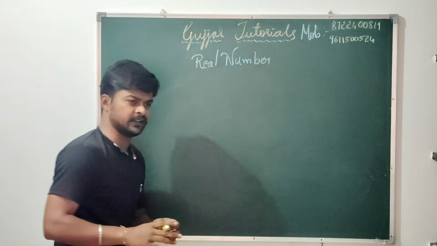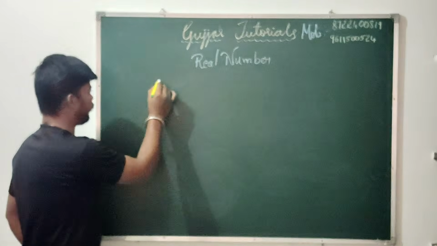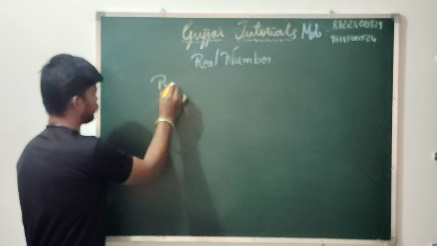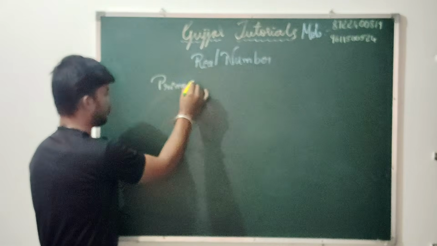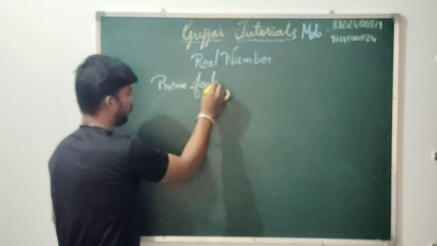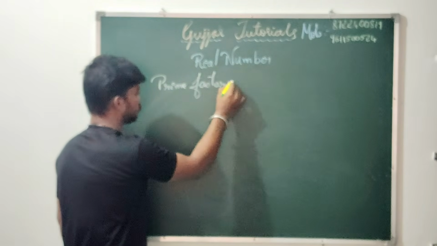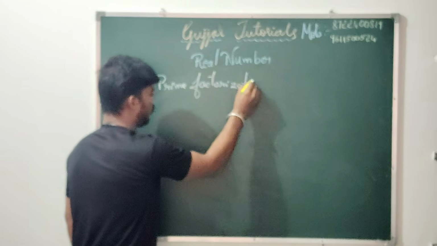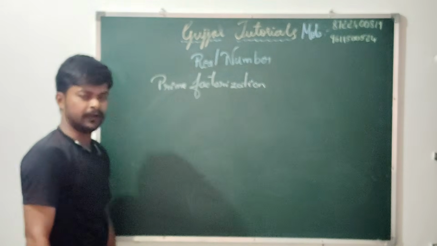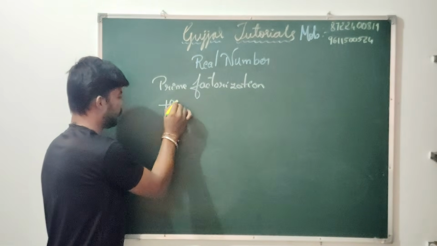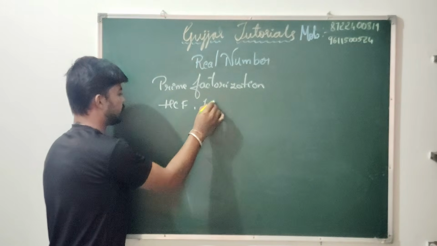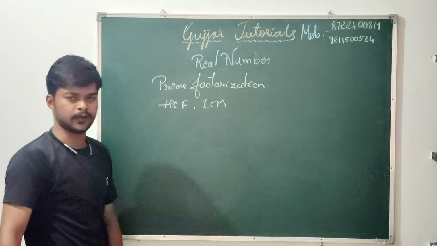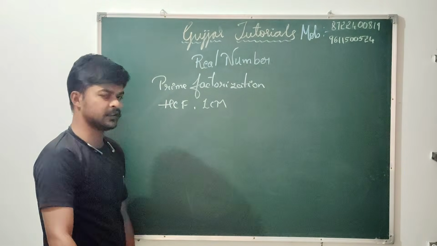Then what are we discussing in this chapter, sir? Prime factorization of a number, and finding the HCF and LCM of a number. These things we are studying in this chapter.